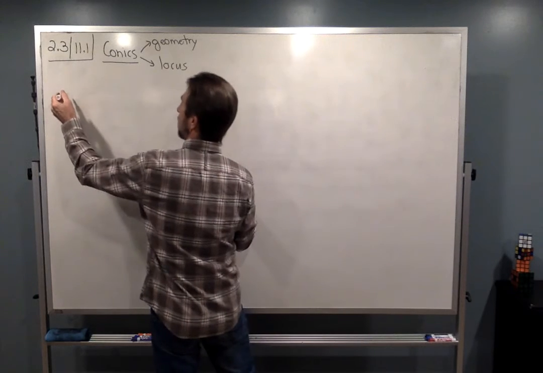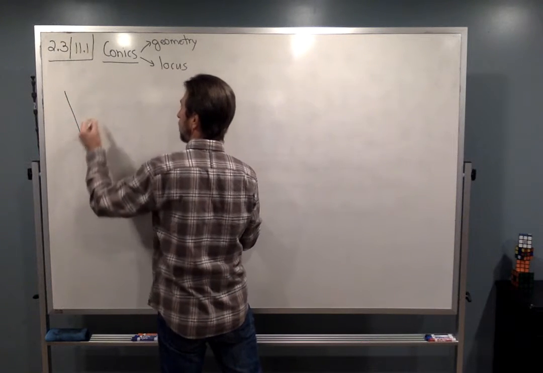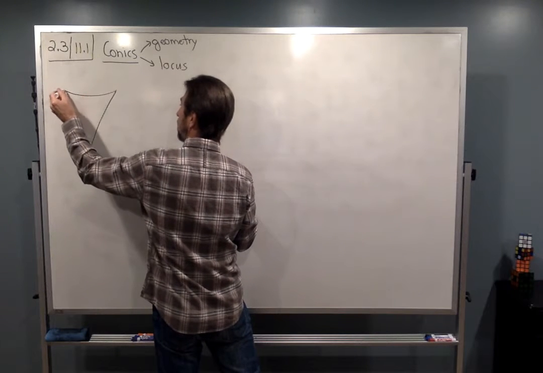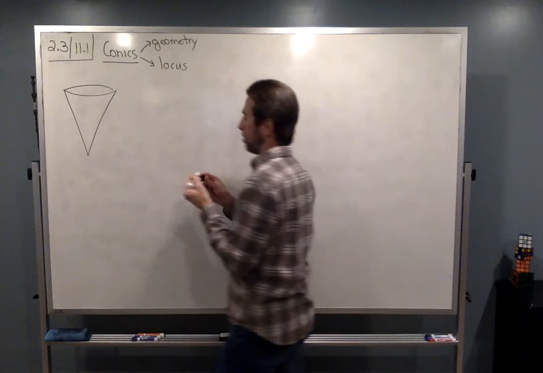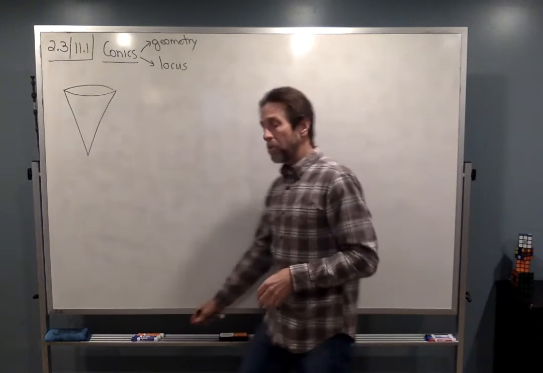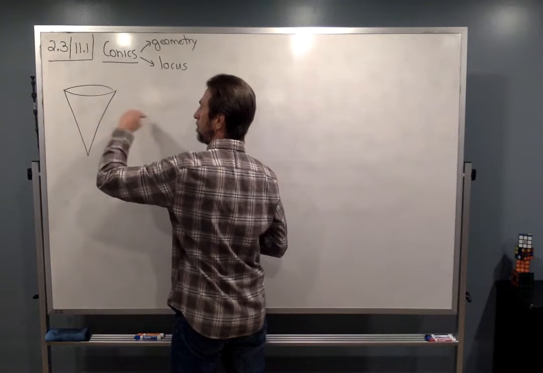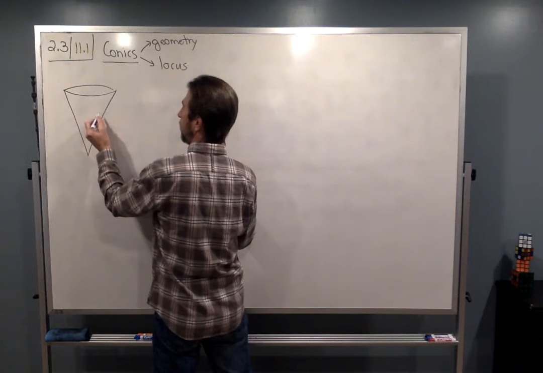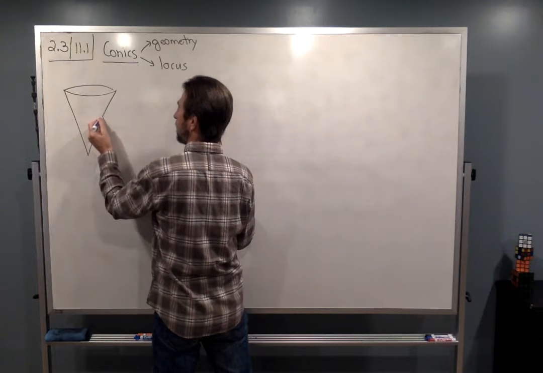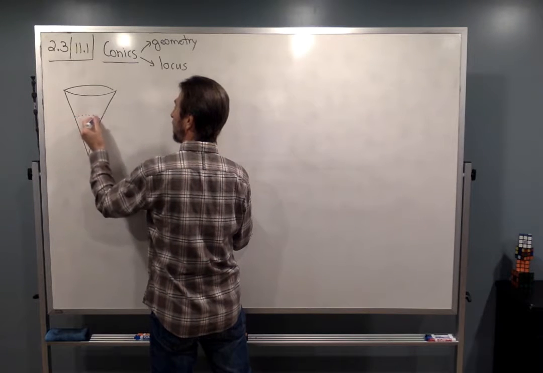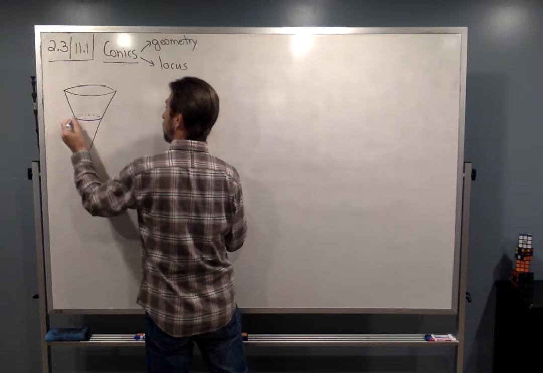So let's think of a single cone here. So this is a cone. And if I slice it with a plane, you could see that I could slice it straight across. If I do that, I would get an intersection that's basically a circle.